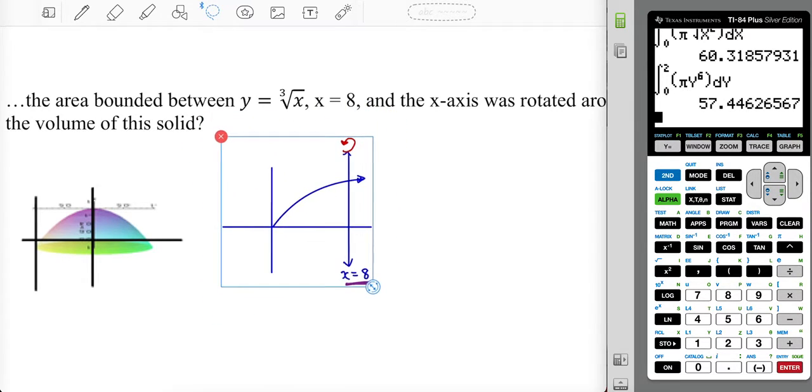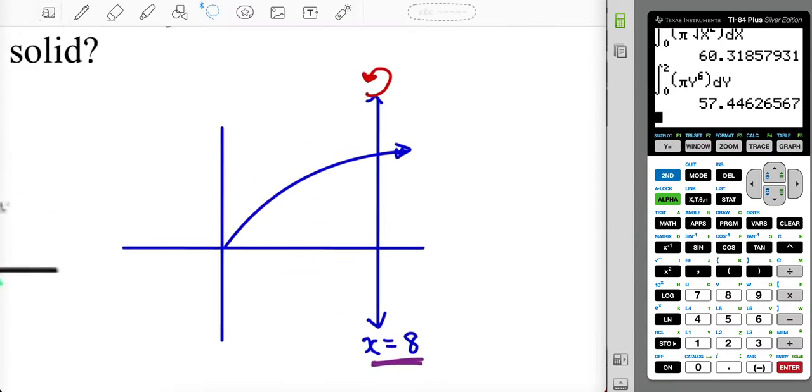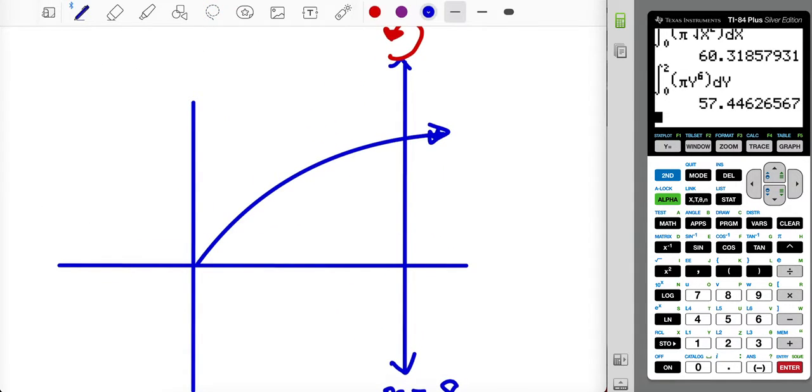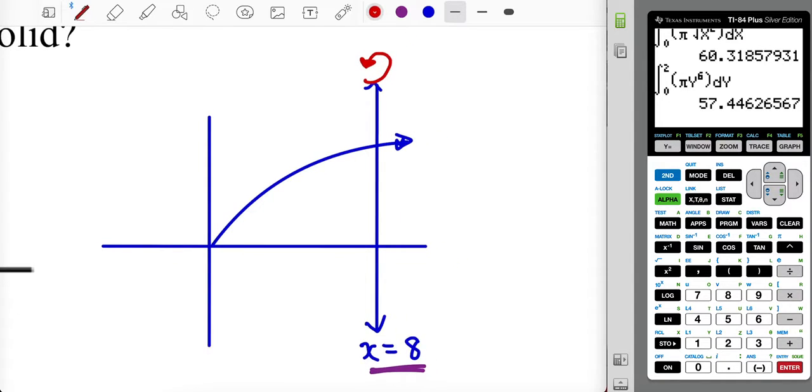So we want to have horizontal rectangles. And a general rule of thumb is when you're dealing with this method called the disk method, because they are circular disks, DISKS.